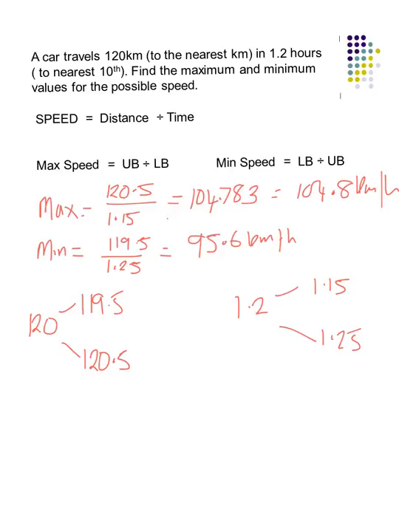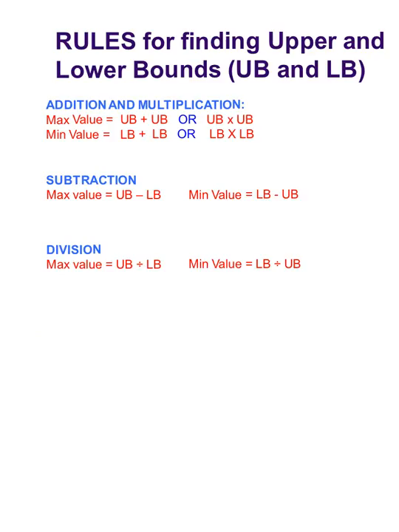So when you're dividing, make sure you've got the upper and lower bounds that you're dividing the right way round. And here we have some general rules for finding upper and lower bounds. For addition, you add the two maximums together to find the upper bound, and for the minimum values add the two lower bounds.